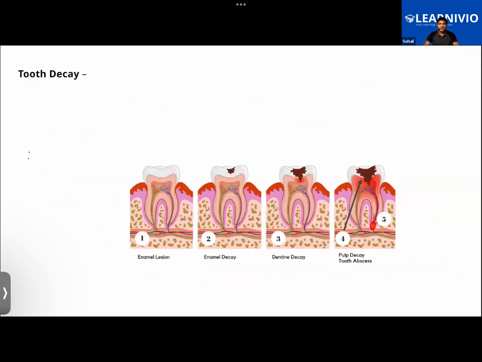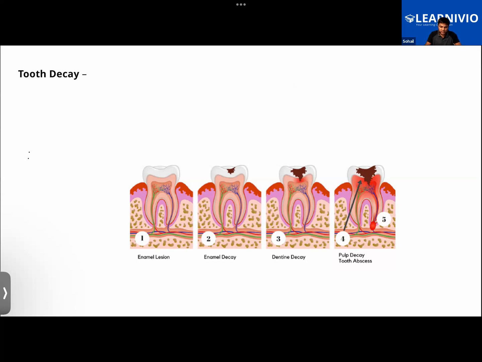So today we'll be learning about tooth decay, how tooth decay happens. From your experience, or from your cousins or someone who went to a dentist to get their tooth cured, if they have a habit of eating lots of candies and sugary substances, they will develop decay in their tooth.